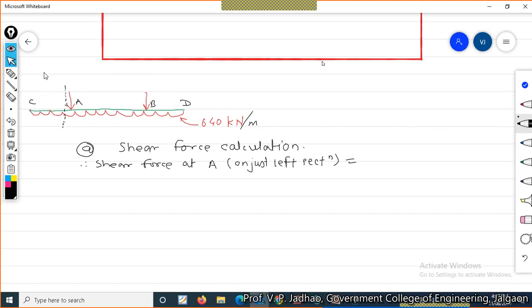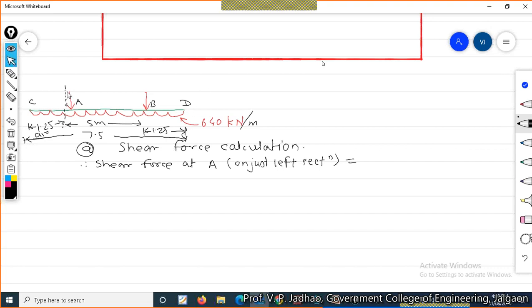It is going in the upward direction, therefore shear force will be positive, and the load will be 640 multiplied by this particular distance. We have already calculated this as 1.25. So A1 is equal to 1.25, A2 is again equal to 1.25 meter, this distance is 5 meter, and this complete distance is 7.5 meter.